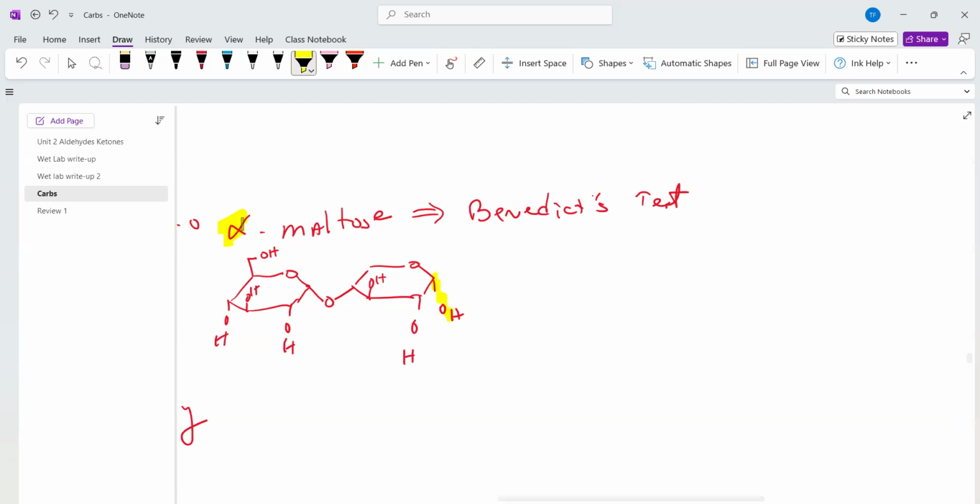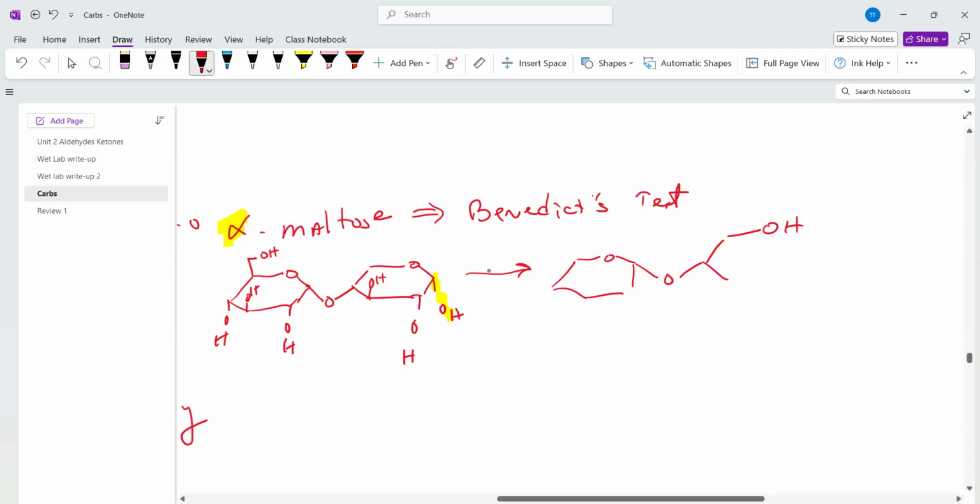So that means it can open up. Now we have an aldehyde.